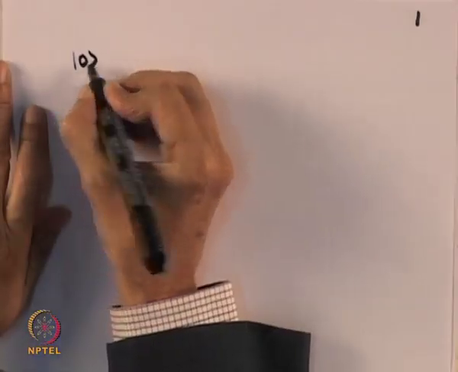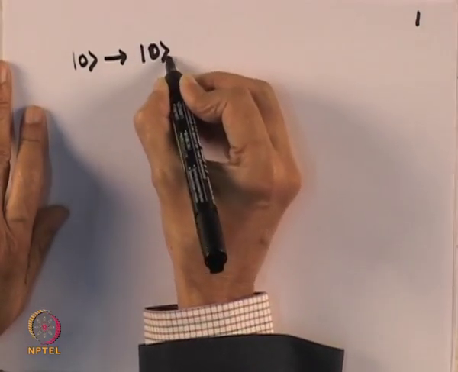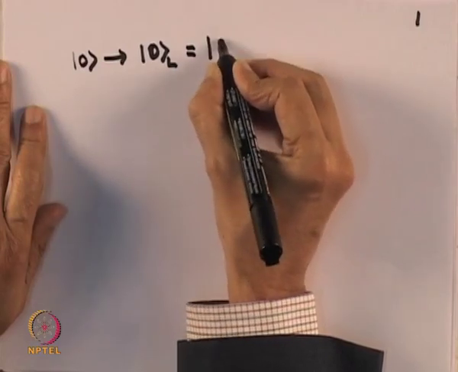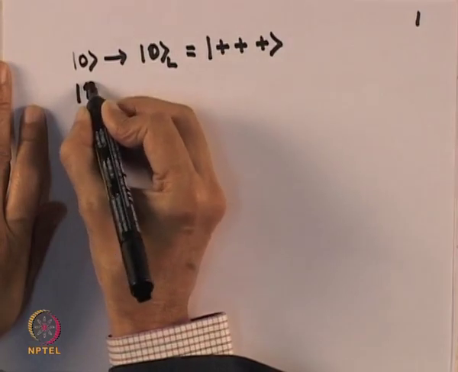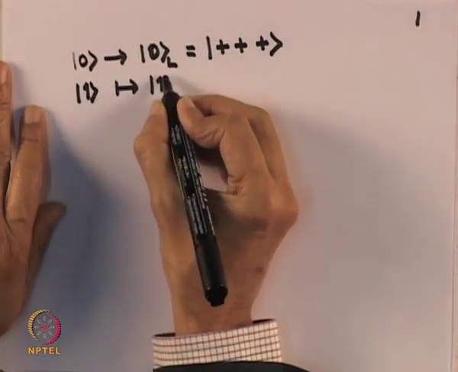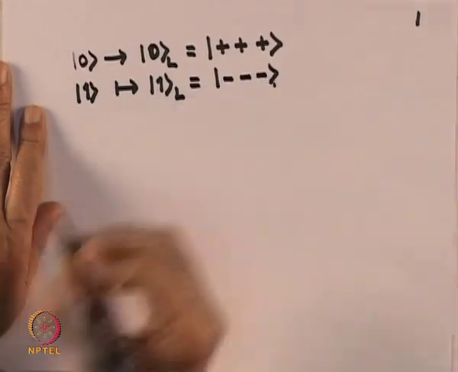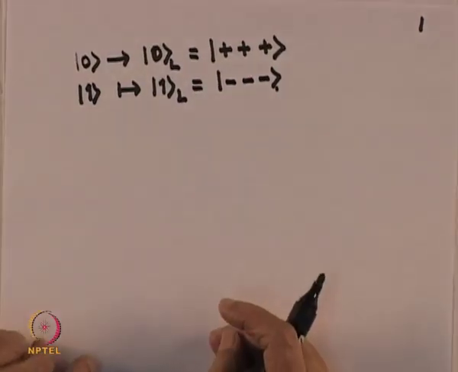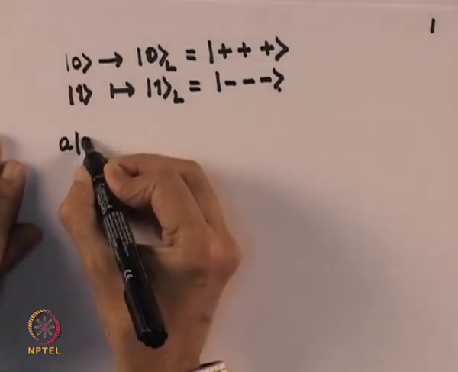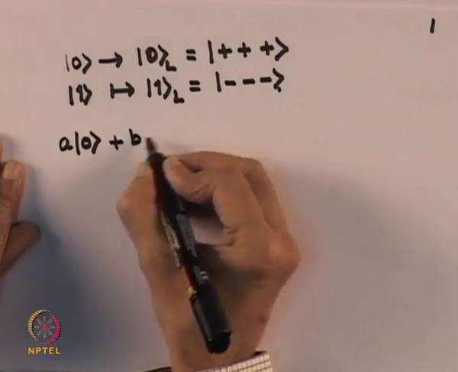In Shor's 9-qubit code, as we had said several times, we encode 0 as 0 logical, which is plus plus plus, and 1 is encoded as 1 logical, which is minus minus minus. So what actually happens is that we are interested in sending through a quantum channel a state A0 plus B1.